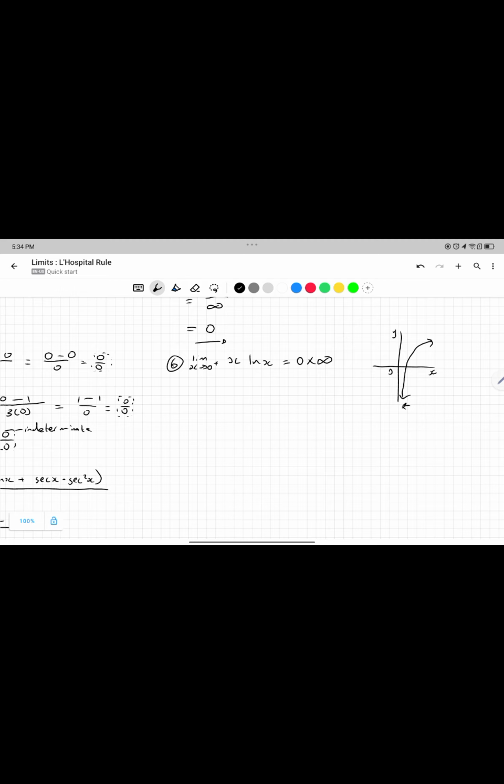But let's see how we could do this. So let's say we have ln x all over 1 over x. Let's try this one out. I'm trying to predict the answer.